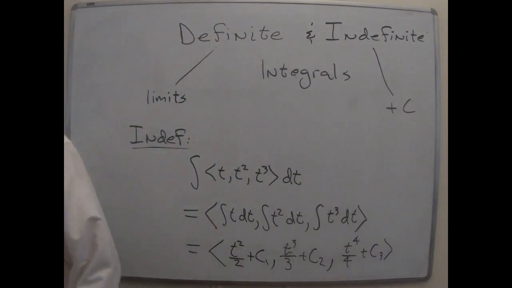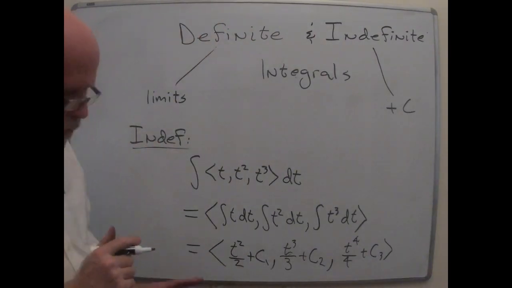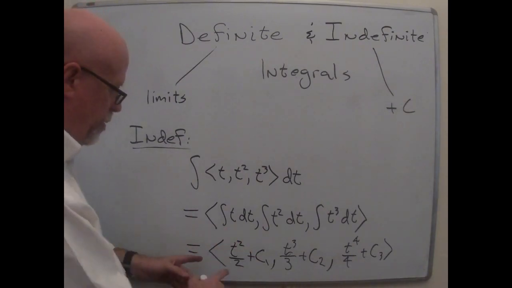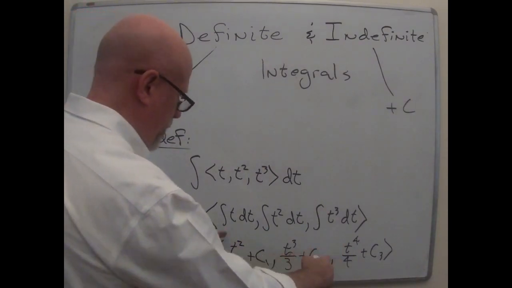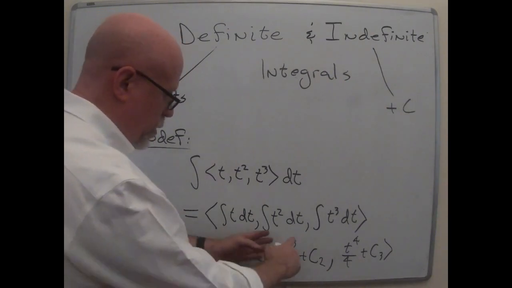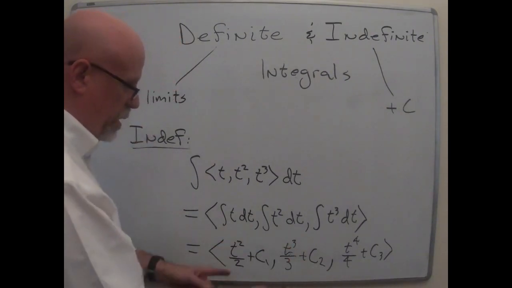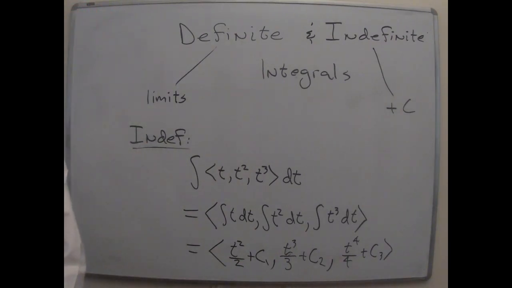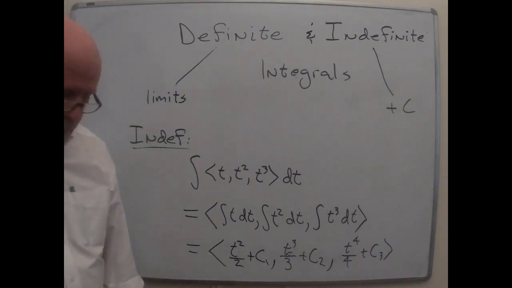Now, you could view this as split up into two things. A vector that has these powers of t, the actual functional part, and then another vector that has the constants in it. That's actually probably a good way to think of it.